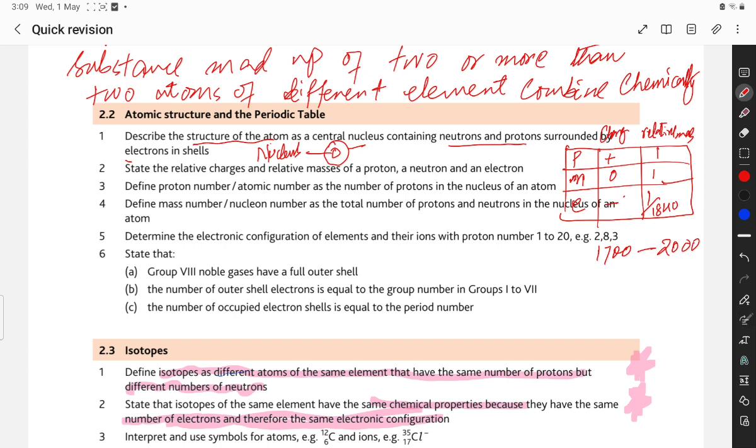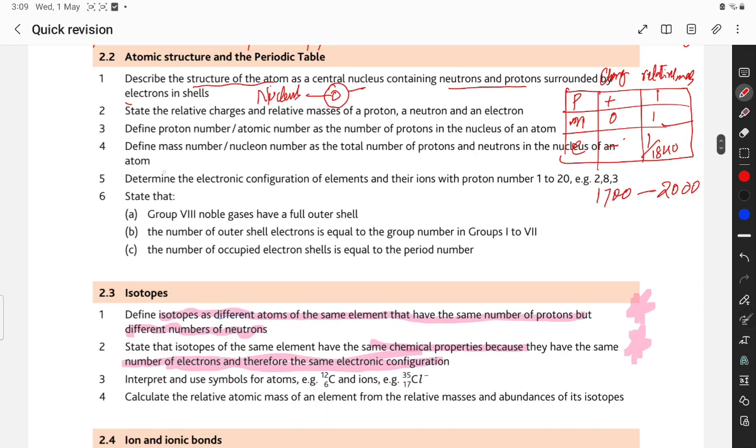You can write 2000, 1800, or 1750 as well. State the relative charges and relative masses of proton and neutron.